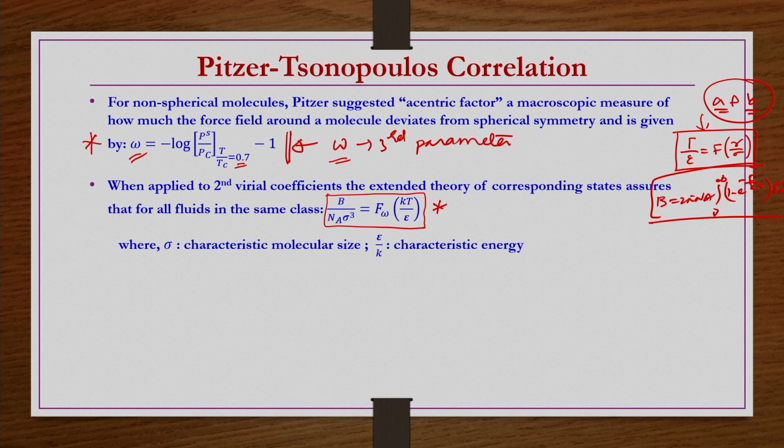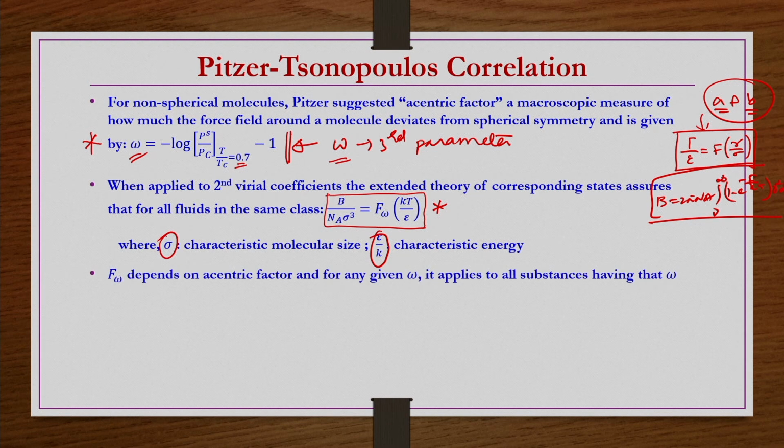Here again we know epsilon by k is nothing but the characteristic energy, so it has temperature units. So the Tc will come into the picture, and sigma is nothing but the characteristic molecular size, right. And then this Fw depends on the eccentric factor, and for any given omega it applies to all substances having the same omega.